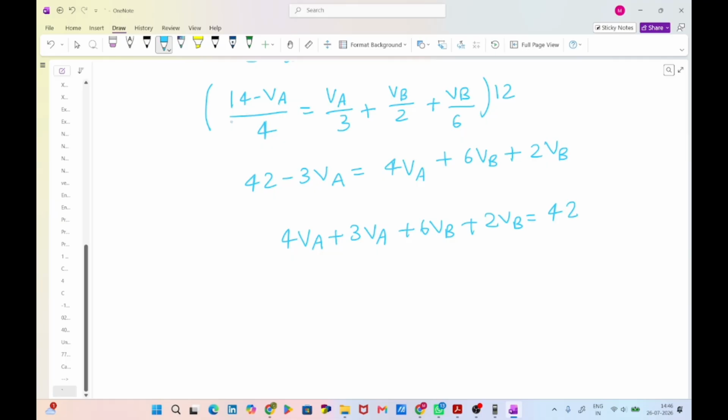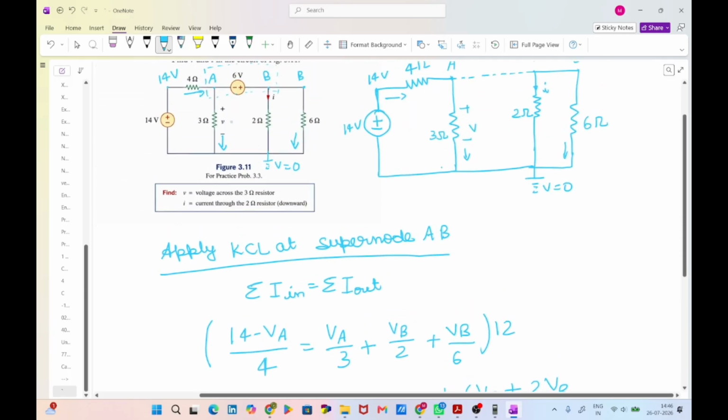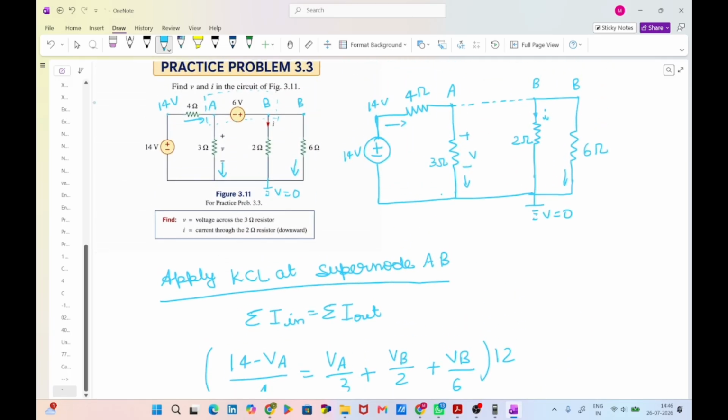4 plus 3 is 7, so 7VA, and 6 plus 2 is 8, so 8VB is equal to 42. Let us consider this as equation 1. We need another equation to find VA and VB. For that, let us look at this circuit. Here VB minus VA is equal to 6 volt.